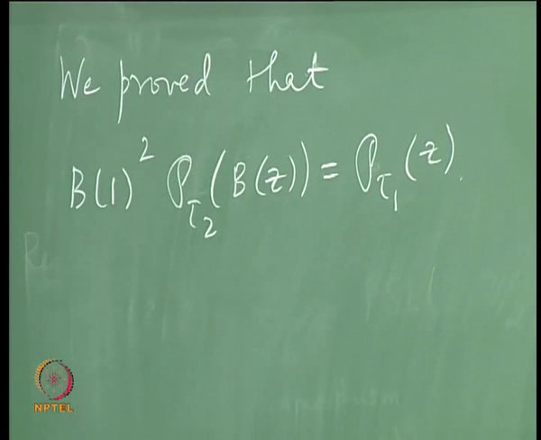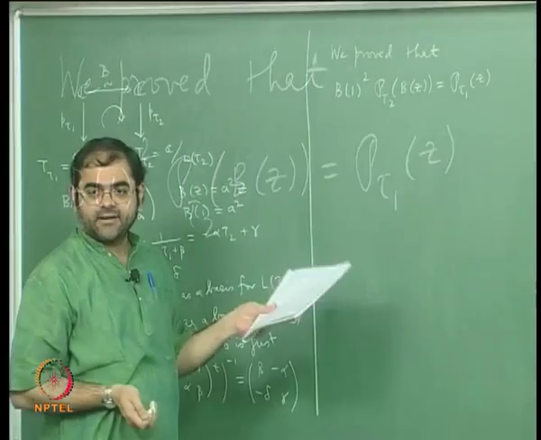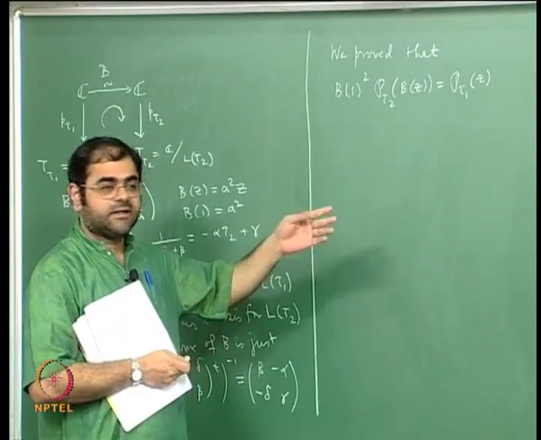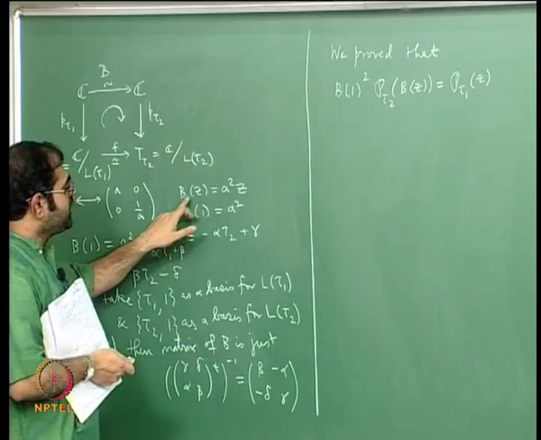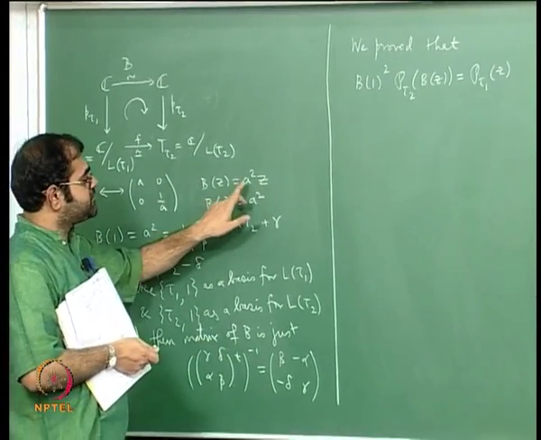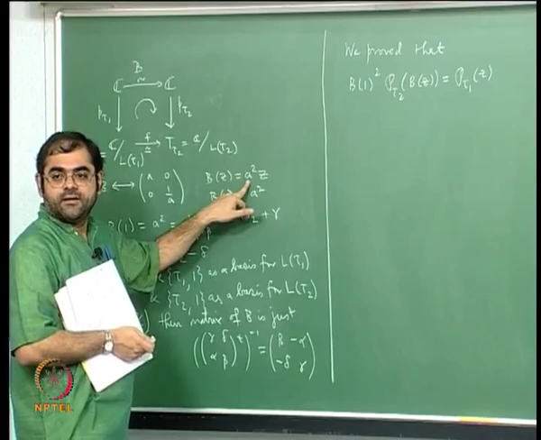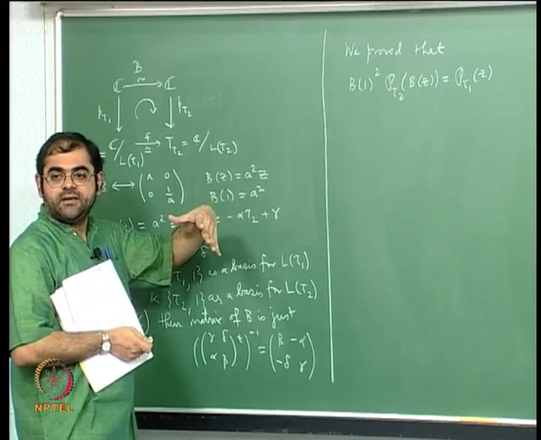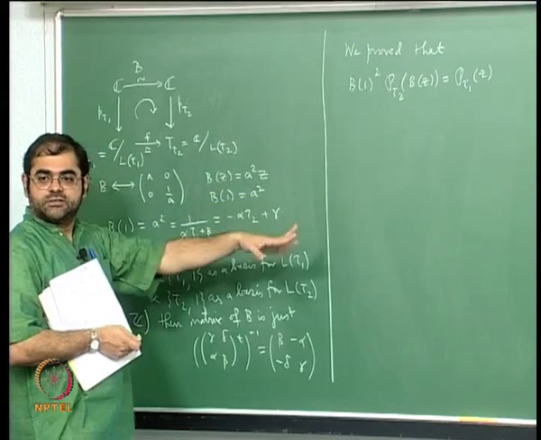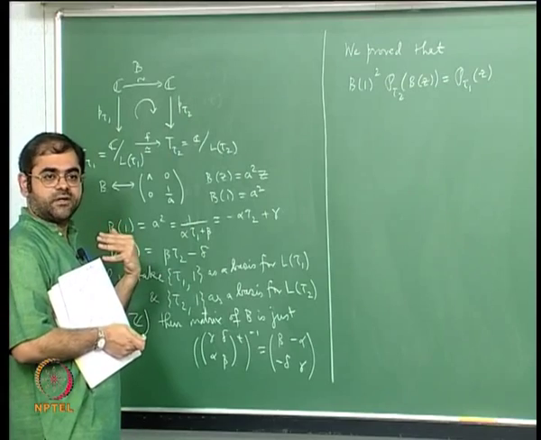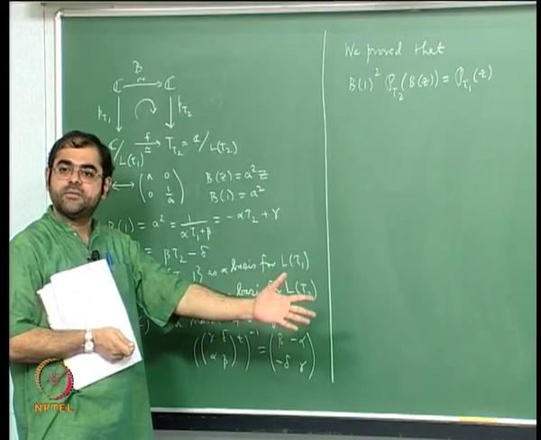We proved this last time, and this is very easy to prove just using the direct expansion of the phi function and using the fact that B of z is z times B of 1, and also using the fact that B maps L tau 1 onto L tau 2 and takes non-zero elements of L tau 1 exactly onto non-zero elements of L tau 2.